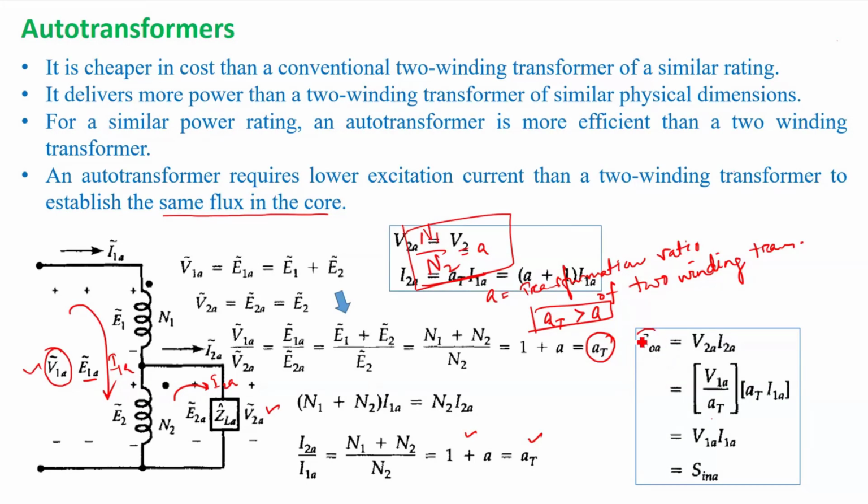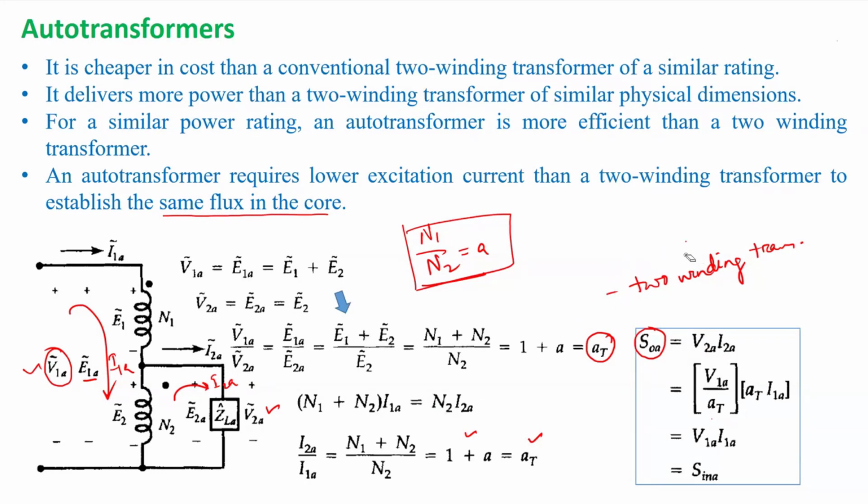That will be equal to V2A into I2A, right? So that means V2A is the output voltage of the transformer and I2A is the output current of the transformer. So therefore it will become your kVA rating or the apparent power of the auto transformer.